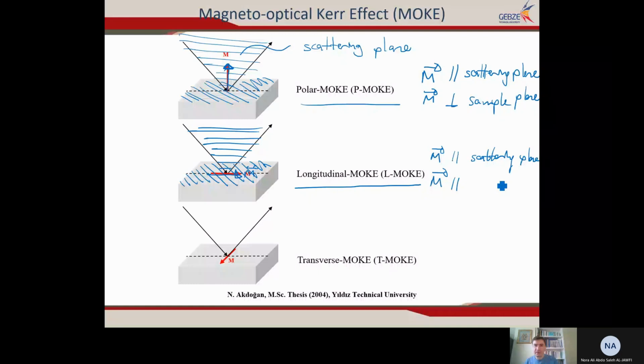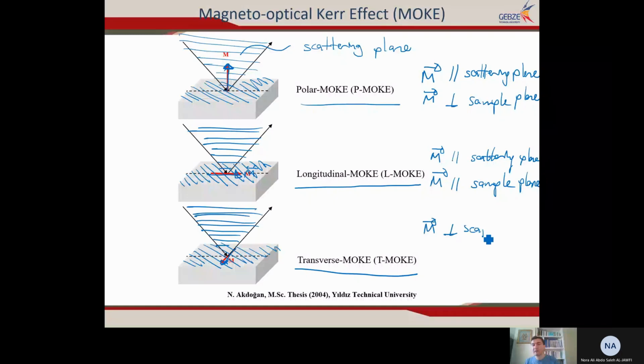The magnetization of the material is in the sample plane, and it is also parallel to the scattering plane. In the transverse MOKE, the magnetization is again parallel to the sample plane, but it is perpendicular to the scattering plane.